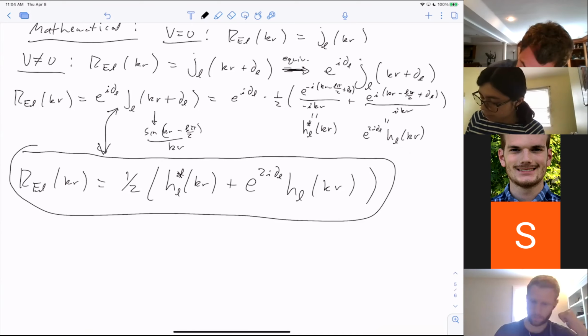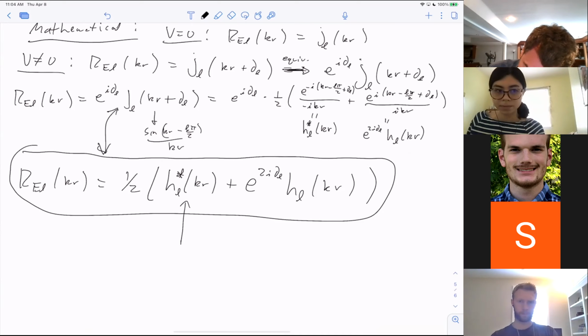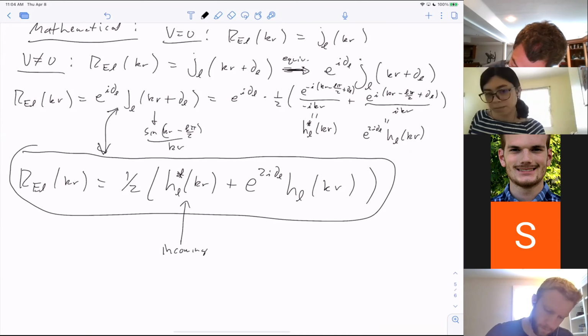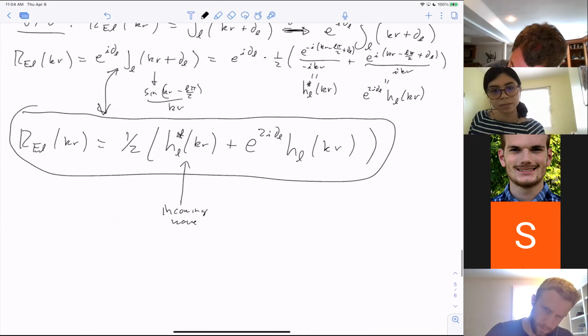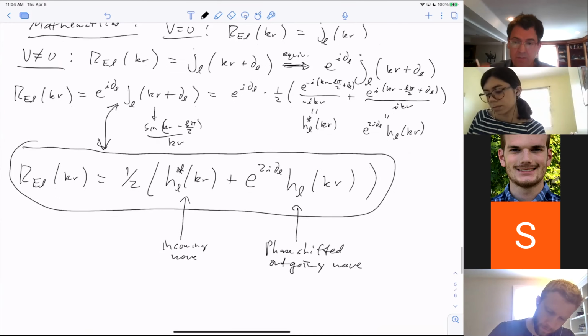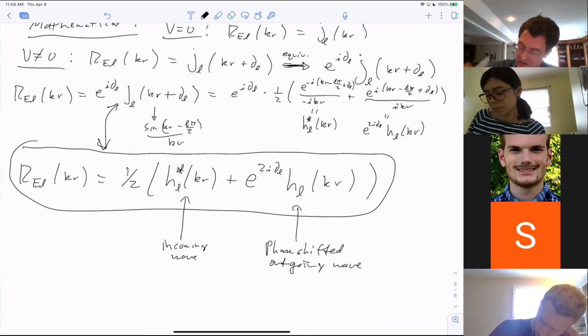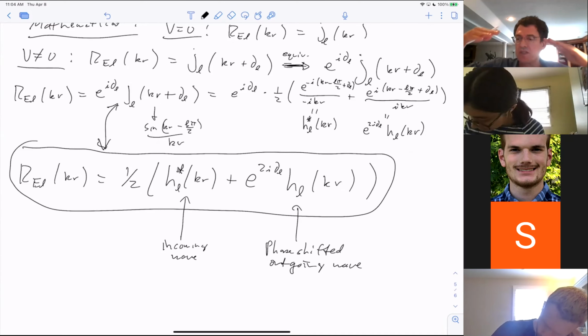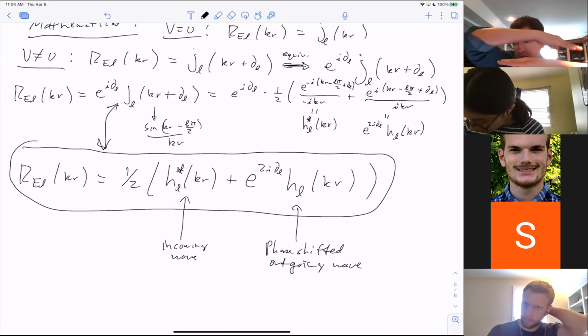I just want to say that this is an incoming wave, and this is an outgoing wave, a phase shifted outgoing wave. So I took my Bessel function, which is really a standing wave, because remember a sine wave is a standing wave, and I broke it apart into two exponentials, because a standing wave is like a right going wave plus a left going wave.